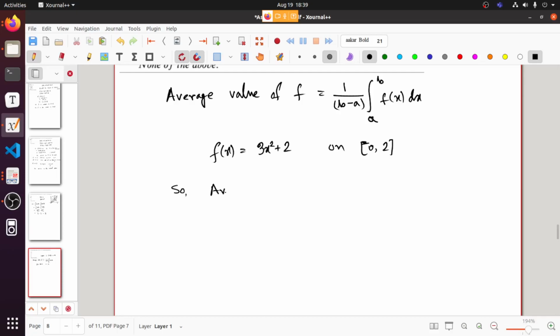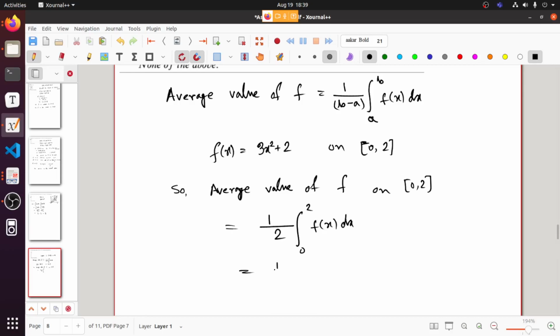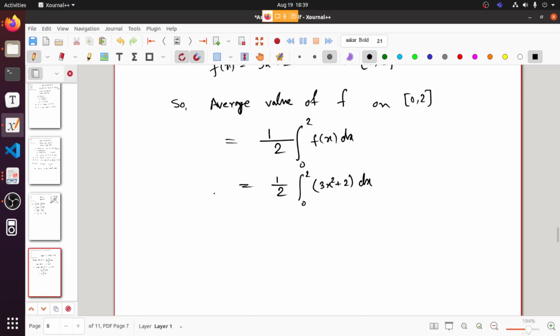So the average value of f on 0 to 2 is, what is the length of the interval? It's 2 minus 0, it's 2, and integration from 0 to 2 f(x) dx. What is f? It is integral 0 to 2 of 3x square plus 2 dx. You have to integrate it out.